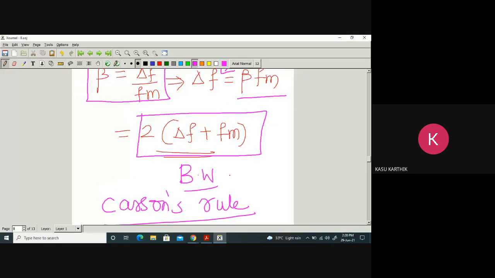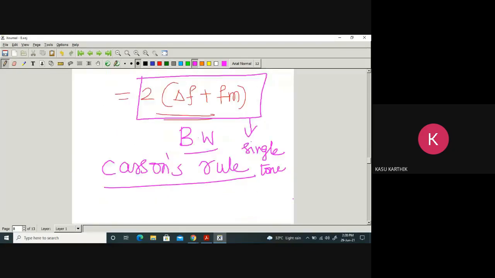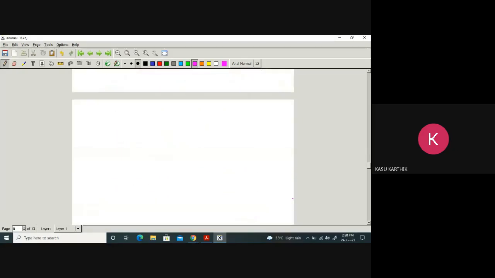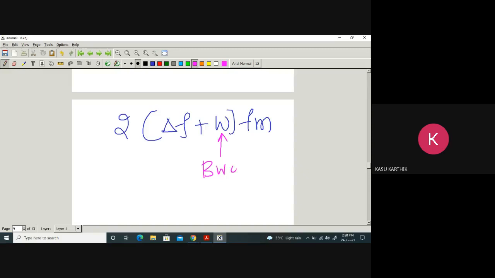This is for a single tone signal. Generally, what is the bandwidth formula of FM signal? That is 2 into delta f plus W into fm. What is this W? Bandwidth of message signal.